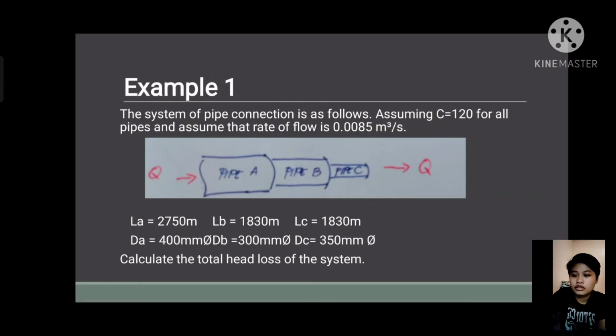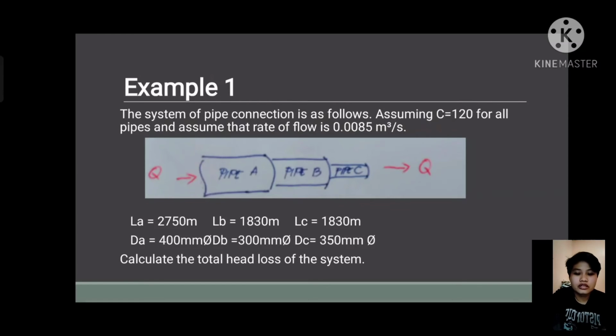So first, you need to figure out what connection it has. So the pipes A, B, and C are connected from end to end. So therefore it is series. So first, you need to compute the head loss due to friction.